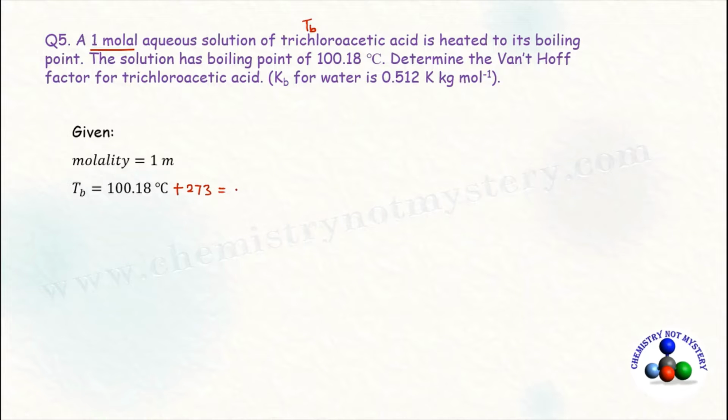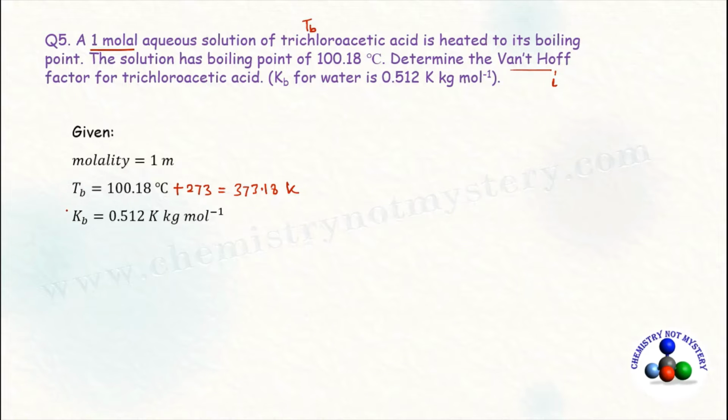So here you will get Tb will be equal to 373.18 Kelvin. Kb of water is given as 0.512 Kelvin kg per mole. And we have to calculate Van't Hoff factor i.